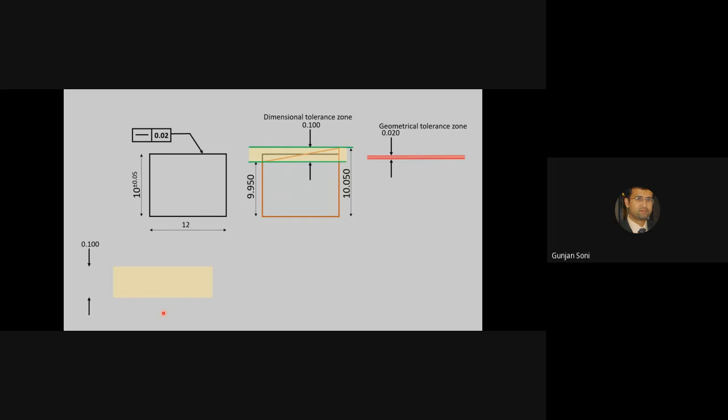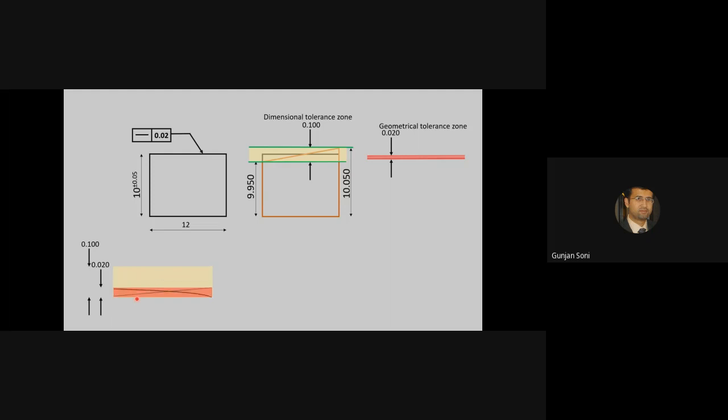According to dimensional tolerance, if this surface is manufactured diagonally like this, it is acceptable. This is also acceptable. But the geometrical tolerance is 0.02, so according to geometrical tolerance, it is not acceptable.